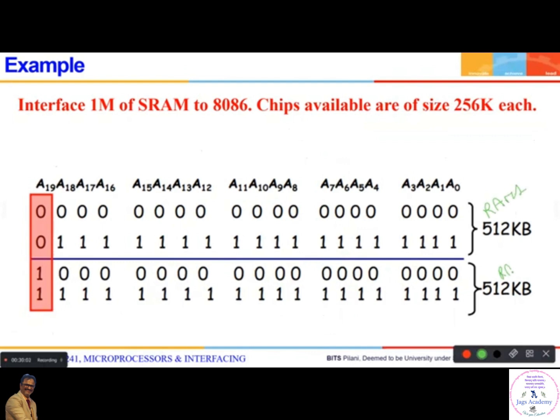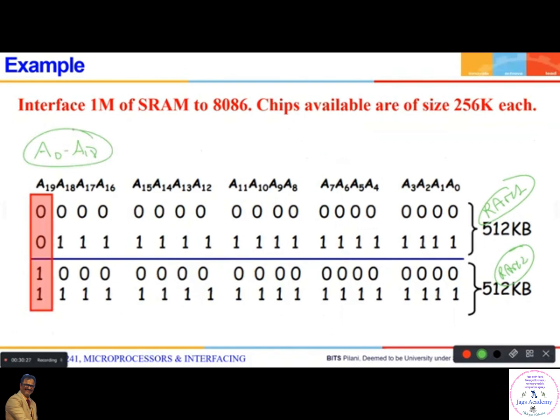And this is for RAM 2. Okay, now can you tell me how we are going to design? Because here, how many address lines go directly into the address lines of the memory chip? A0 to A0, right? You can see A0 to A18.